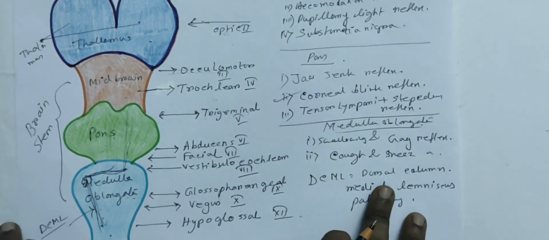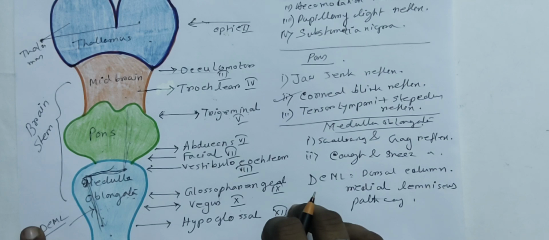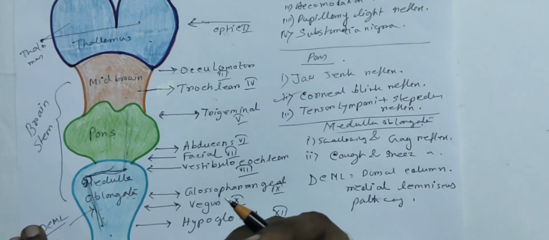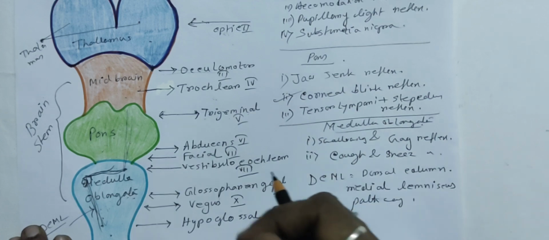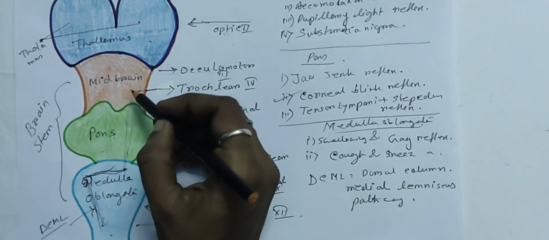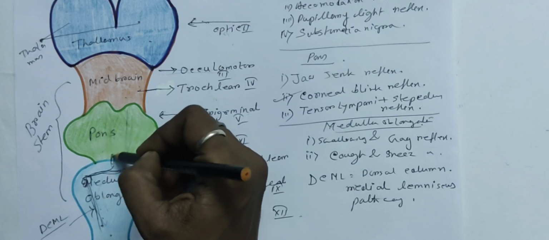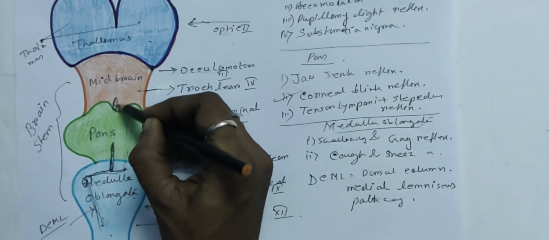And another important thing for the brain stem is the clusters of neurons. We call them nuclei. We can find the nuclei at the medulla, at the pons, and also at the midbrain.